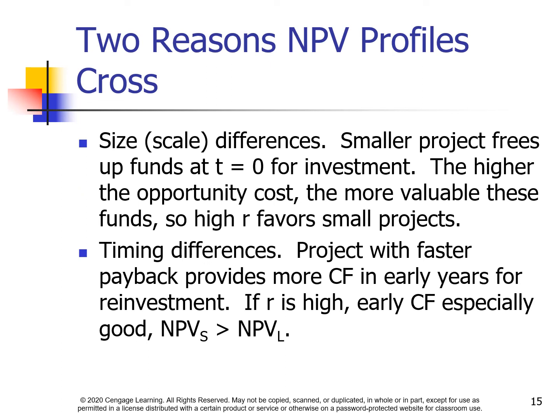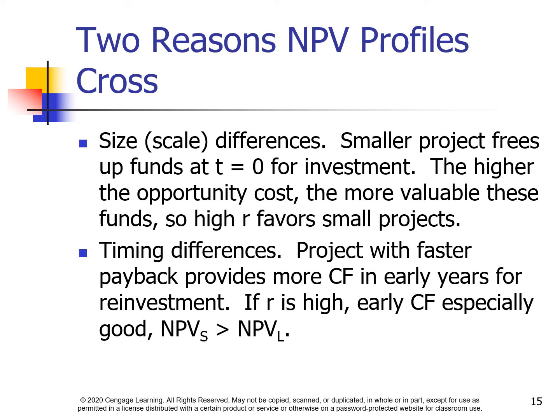Two reasons NPV profiles cross: 1. Size or scale differences. Small projects free up funds at time zero for investment. The higher the opportunity cost, the more valuable these funds.